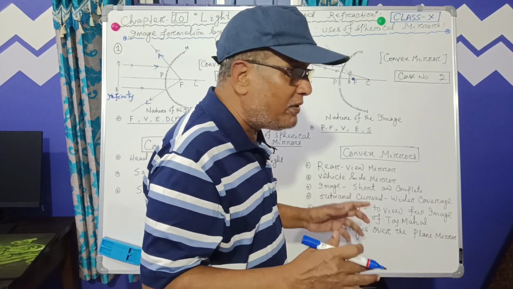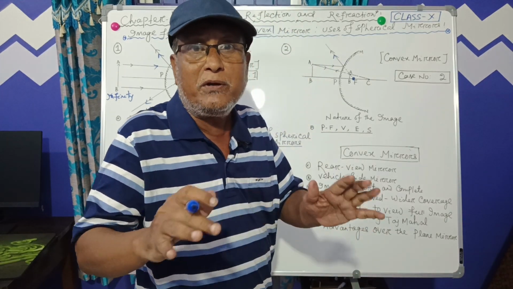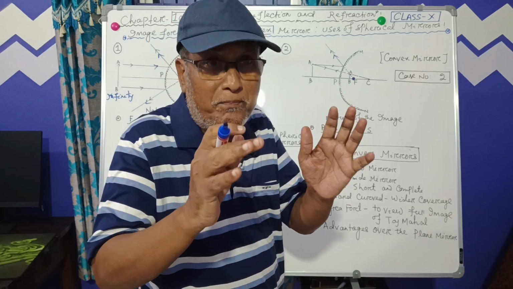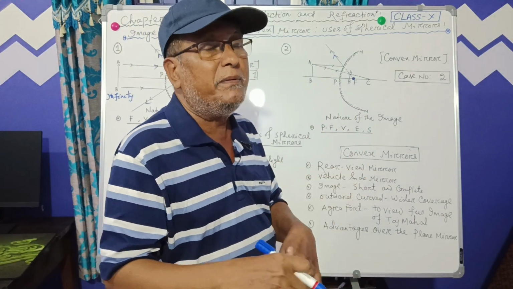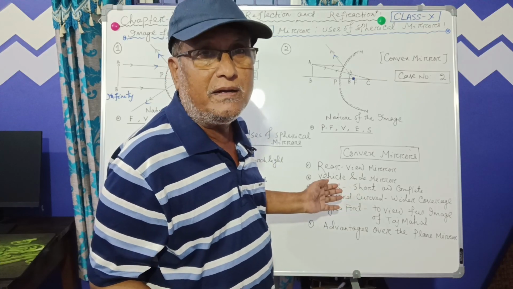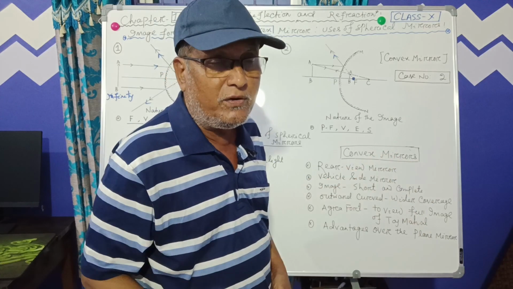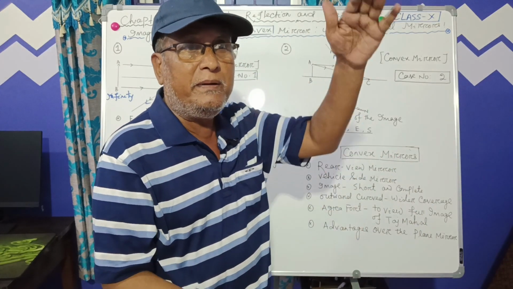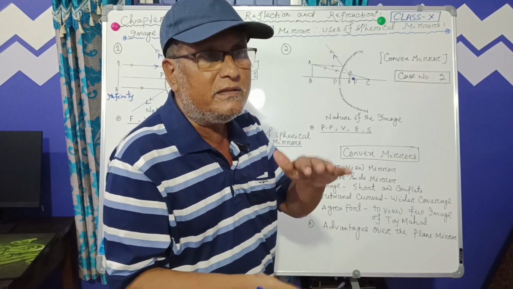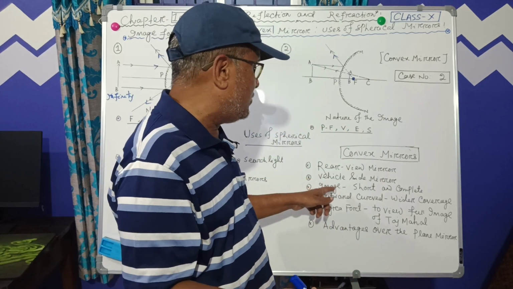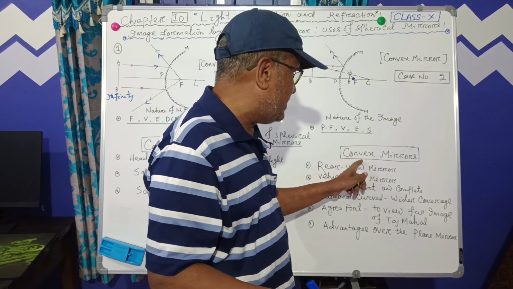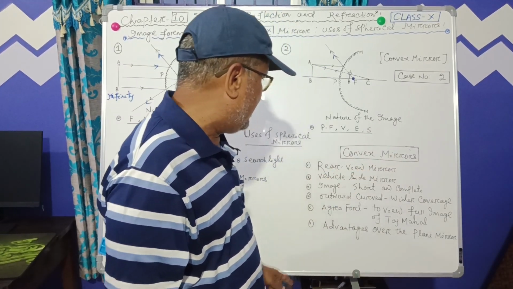The driver can see the complete image of the traffic behind the vehicle. A large bus, even a tall tree will be seen as a short tree. But the complete and total image would be seen by using this convex mirror.